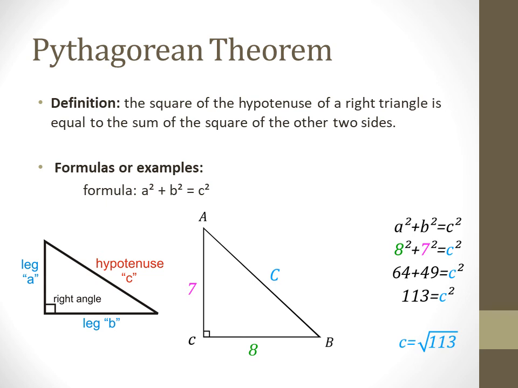So 64 plus 49 equals c squared. 113 equals c squared. To find c, we will take the square root of 113. Okay? And then from there, we will find our hypotenuse. Okay? So again, we will be using this year, both in English and in your Thai math classes. So please keep it in mind.